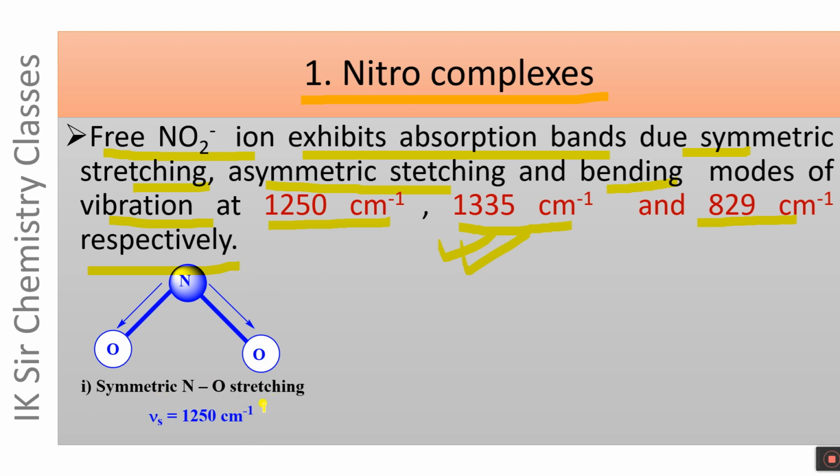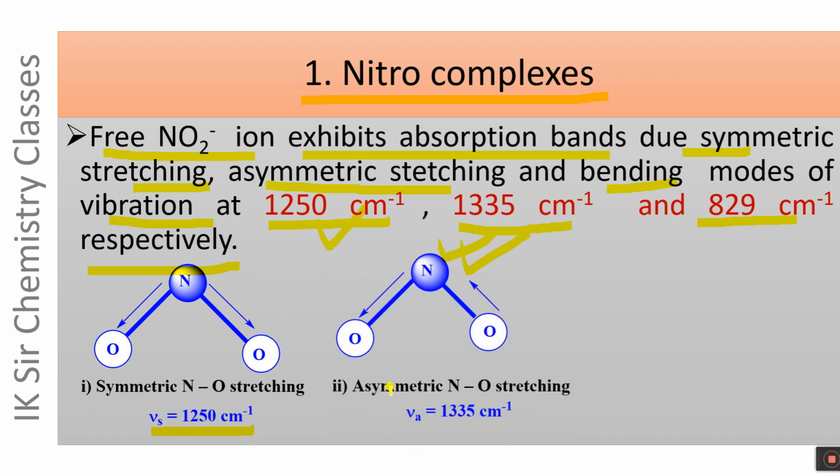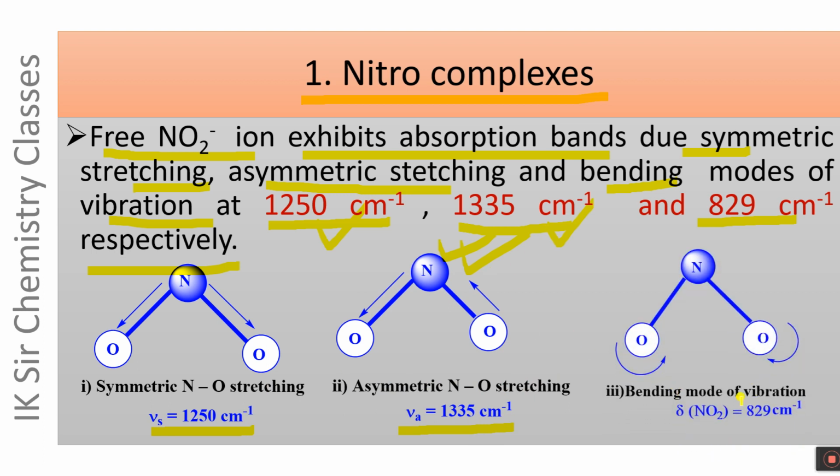Symmetric NO stretching is obtained at 1250 cm inverse. The asymmetric NO stretching band is obtained at 1335 cm inverse, this one, and the bending mode of vibration leads to an absorption peak at 8 to 9 cm inverse.